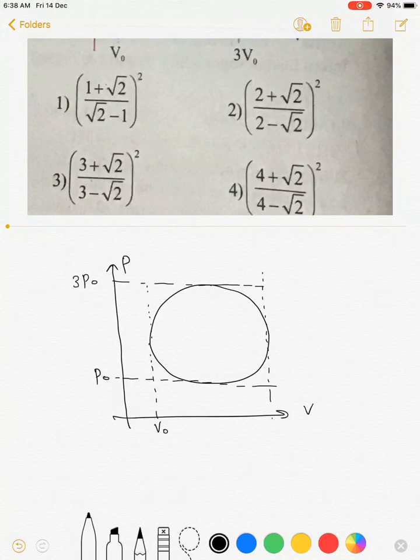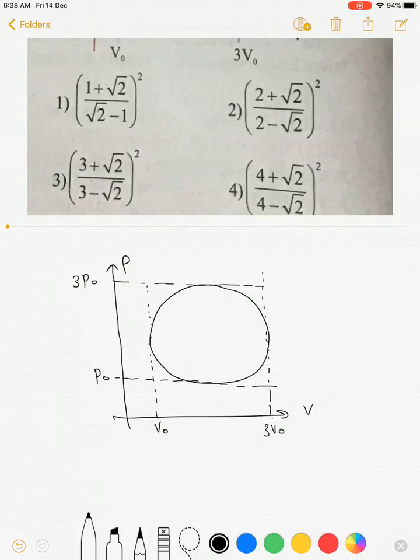Volume is represented by V naught here, and it is represented by 3V naught here. So basically the radius of this circular path, we can take it as V naught, or we can take it as P naught. So basically P naught is equal to V naught.